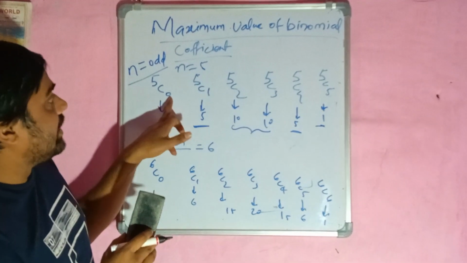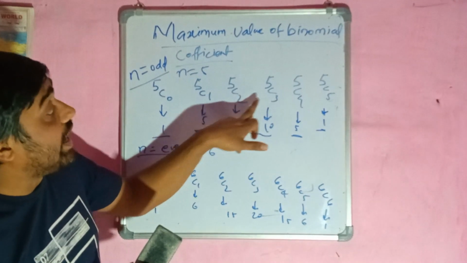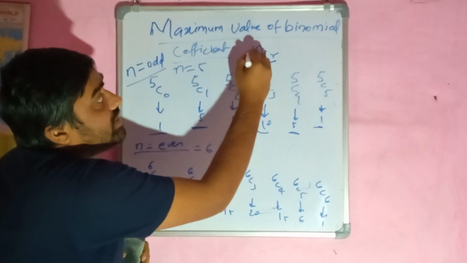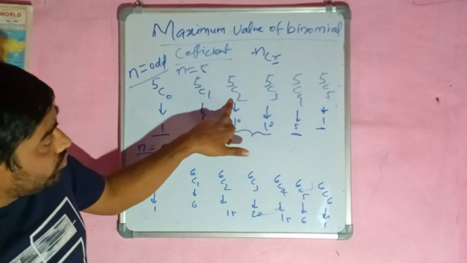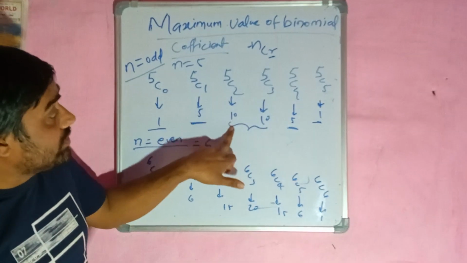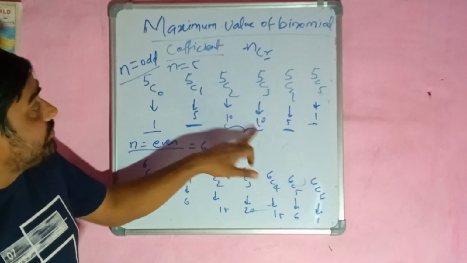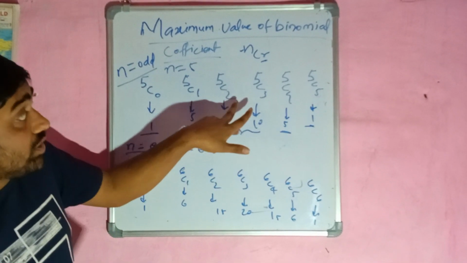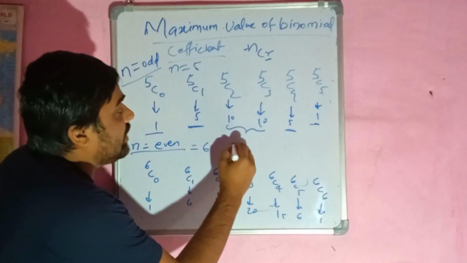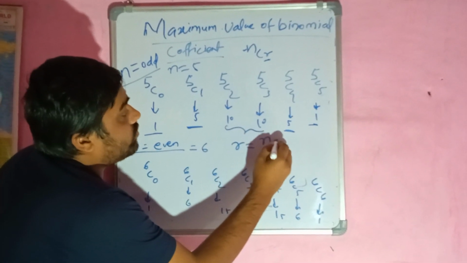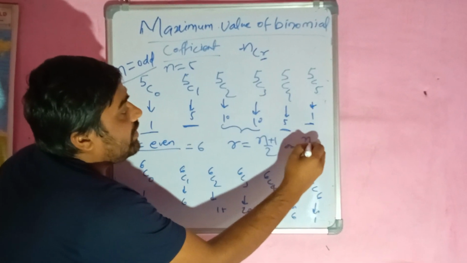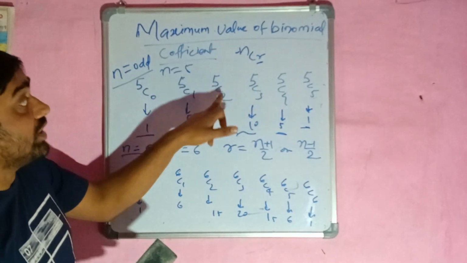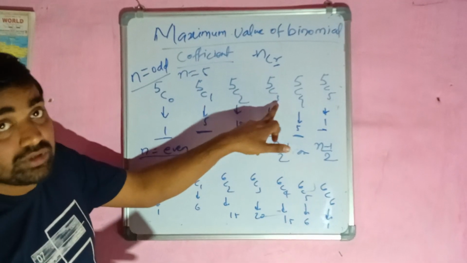At r is equal to 2 and r is equal to 3, if you write nCr, then this is the r and this is the n, the maximum value is 10. So if n is odd, then the maximum value is at r equal to 2 and r equal to 3, meaning r is either (n minus 1) by 2 or (n plus 1) by 2. At this value of r, the maximum value of coefficient, as you are getting here, 5C2 and 5C3.